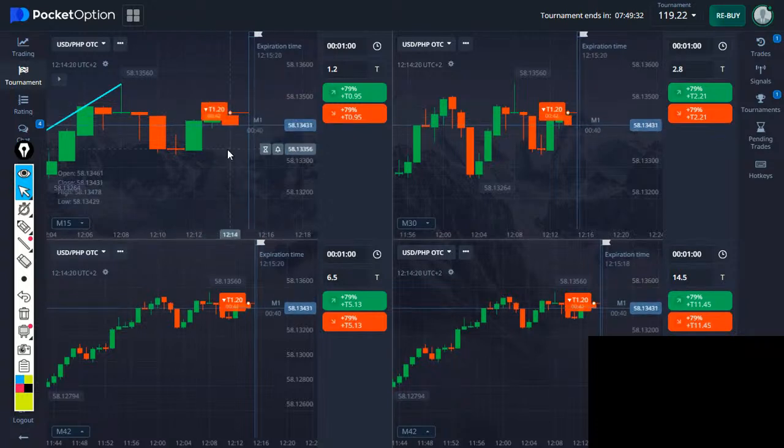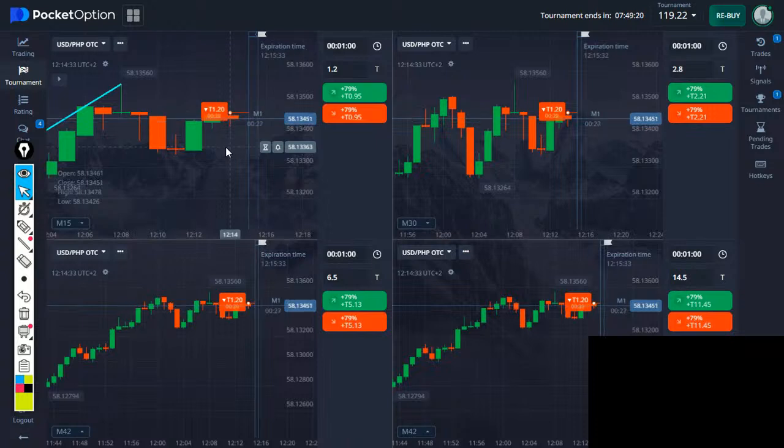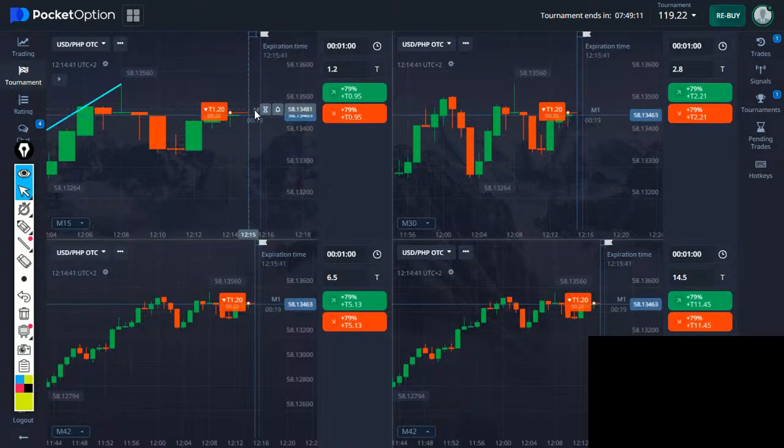Beautiful drop. Come on. 16 seconds. We need a decent drop to secure this trade.